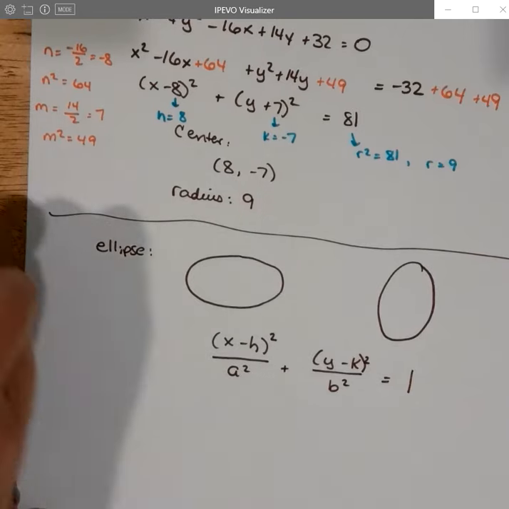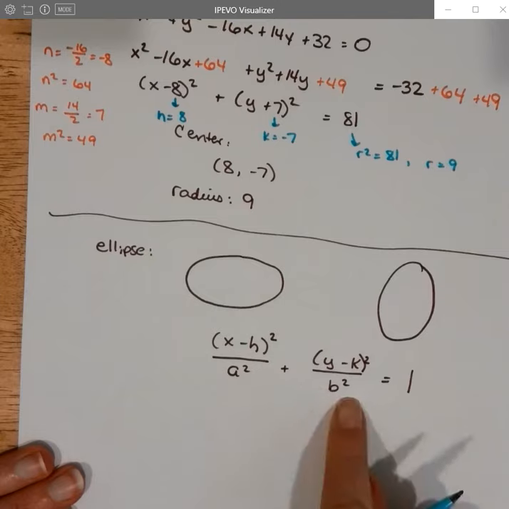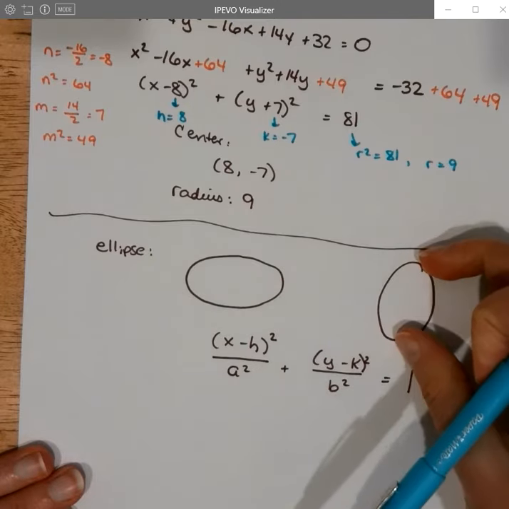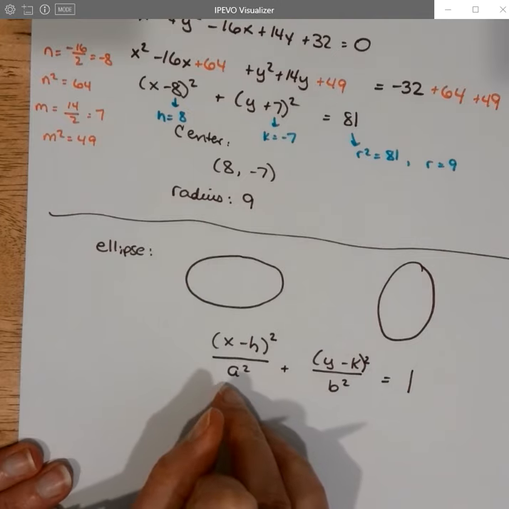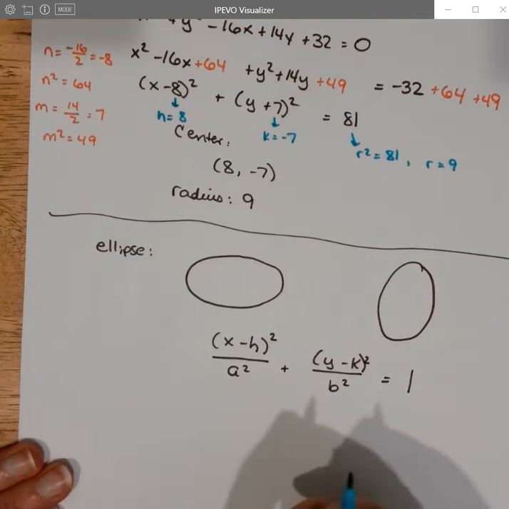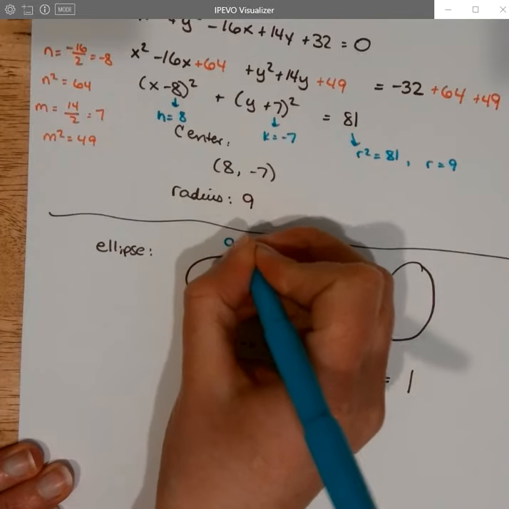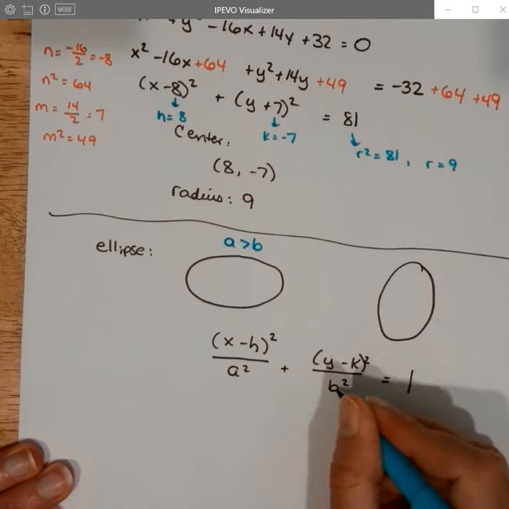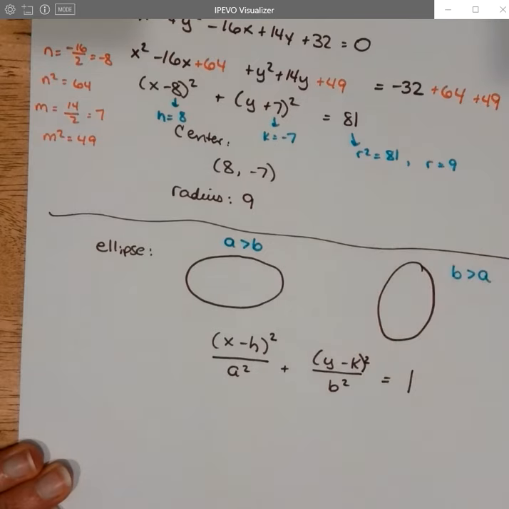Now, depending on whether a is larger or b is larger, I get the horizontal versus the vertical orientation. If the denominator of the x value is larger, then I get the horizontal. So this is the case for if a is larger than b. If b is the bigger one, then it's going to be a vertical orientation.